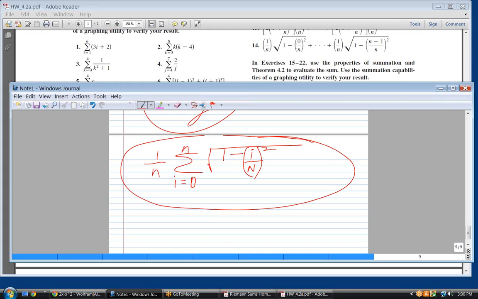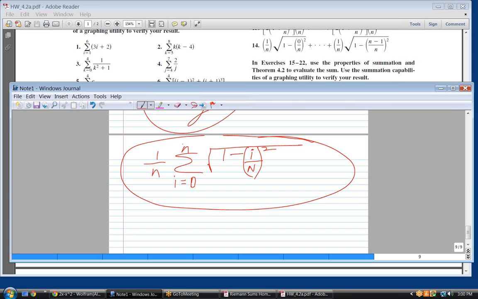The I is what advances from 0 to 1, and the last term is n minus 1.